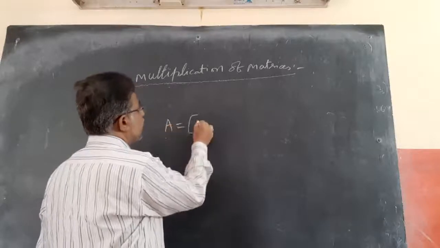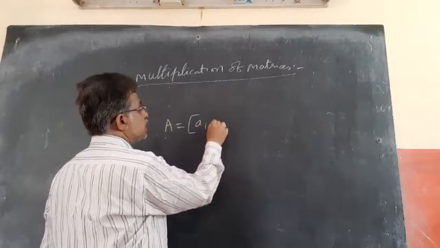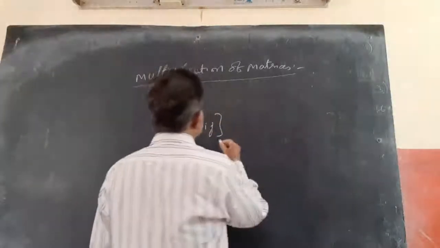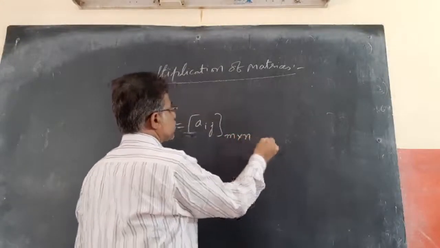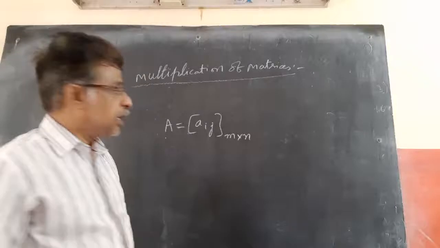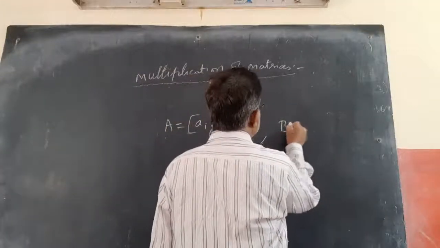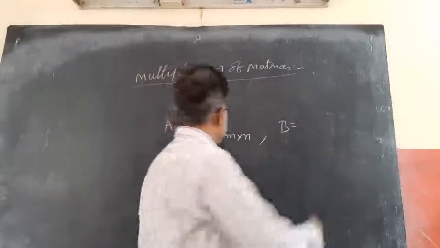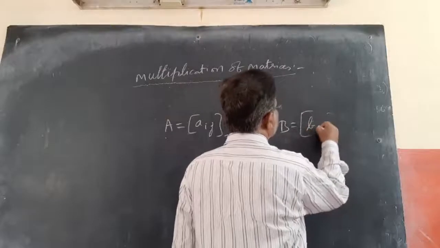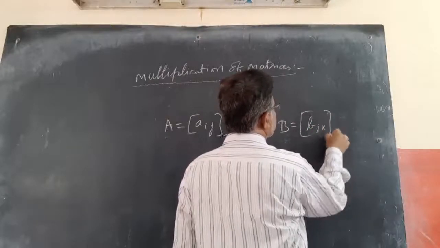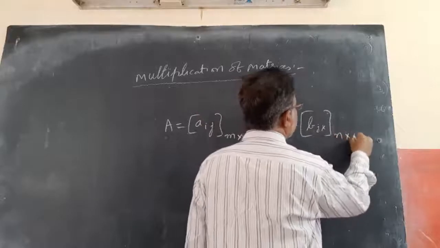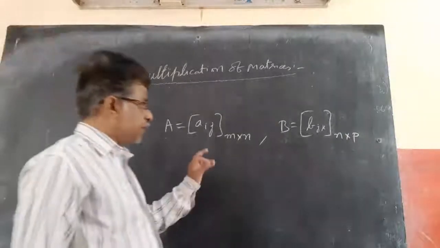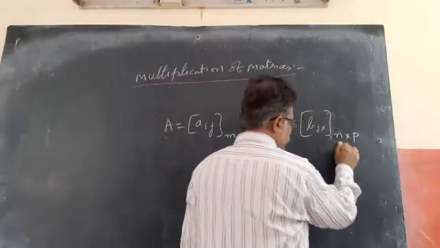Now, if A = Aij is a matrix of the order m by n, and B = Bjk is of the order n by p, then matrix multiplication is 100% possible because the number of columns equals the number of rows.